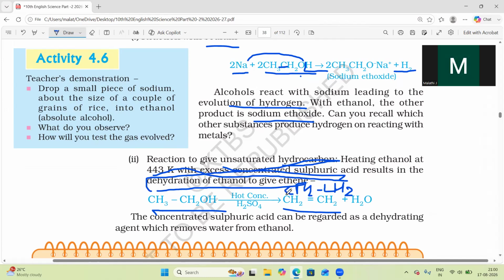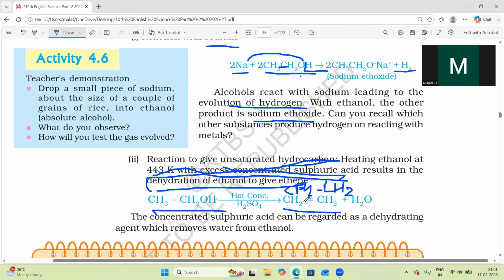Around the carbon, how many bonds will be present? Here it is CH2, with one carbon bond, so it needs one more bond. Here also it is CH2, and each carbon should have 4 bonds. But here there are 2 hydrogen atoms and one bond with the other carbon atom, so there are only 3 bonds around the carbon.